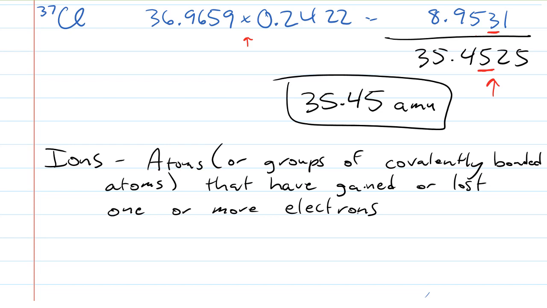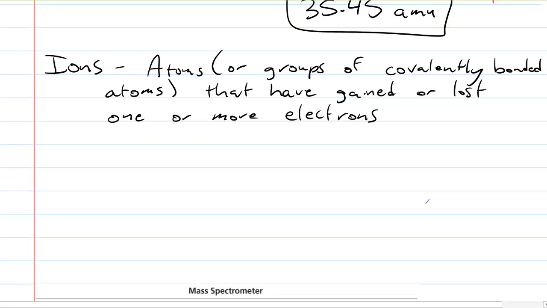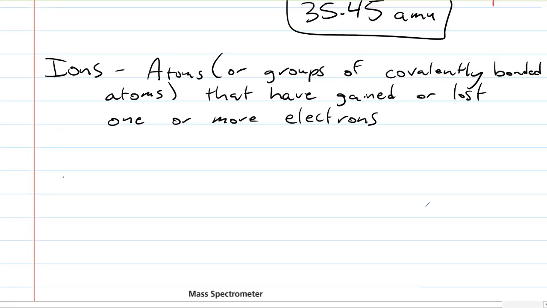So now, the way that we write an ion is something like this. Let's say that we look at calcium with a 2 positive charge. We wrote down calcium with a 2 positive charge.